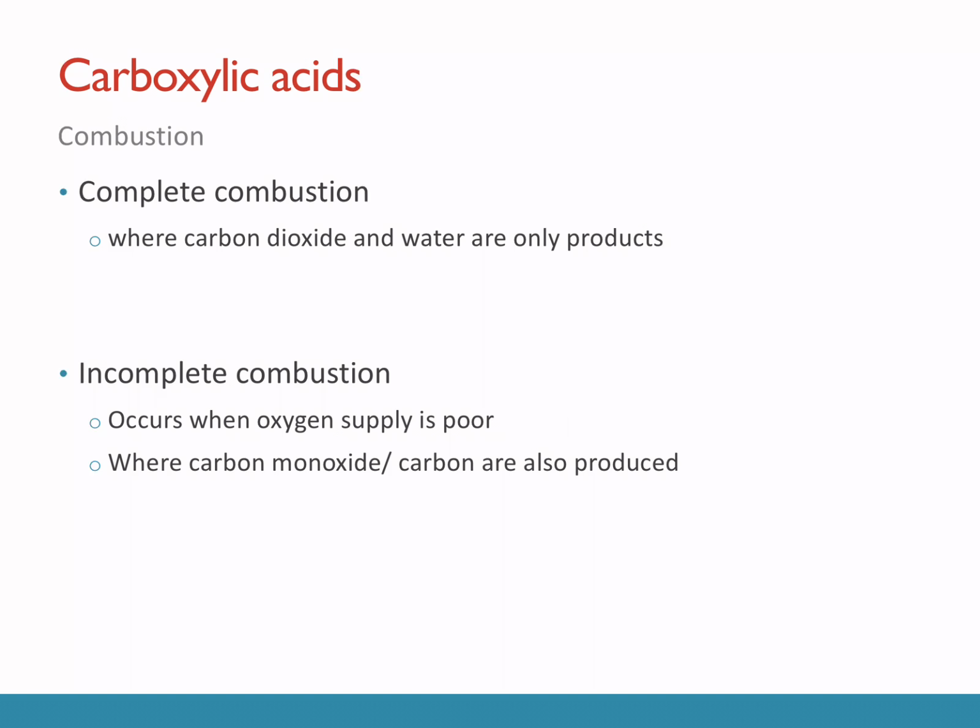Next, when carboxylic acids are combusted, they also give carbon dioxide and water as the only products if it's a complete combustion. Okay, let me give you an example. How many carbons are there? We have 2.